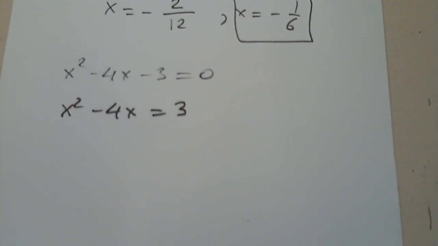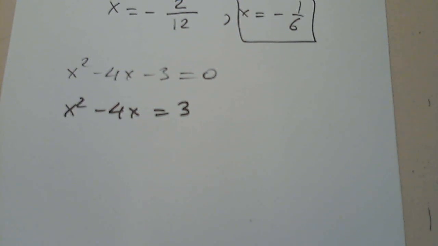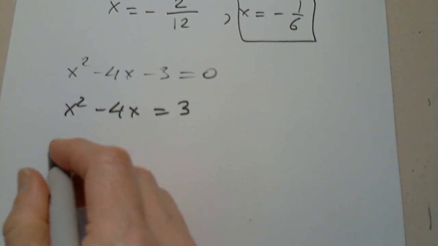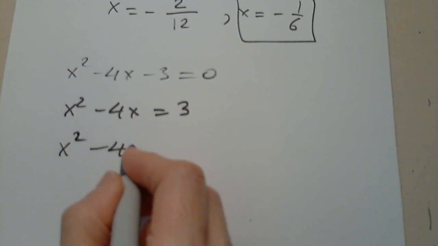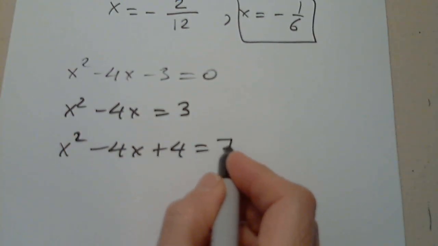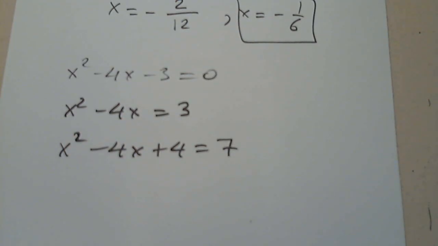And then I will start the process of completing the square. -4 divided by 2 is -2. -2 squared is 4, and I add 4. And I have to add it to both sides. If I don't add it to both sides, I will never get the correct solution.